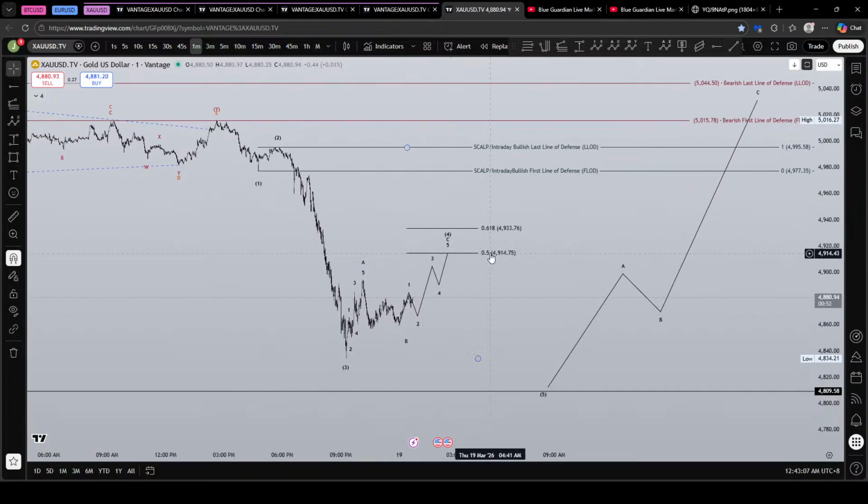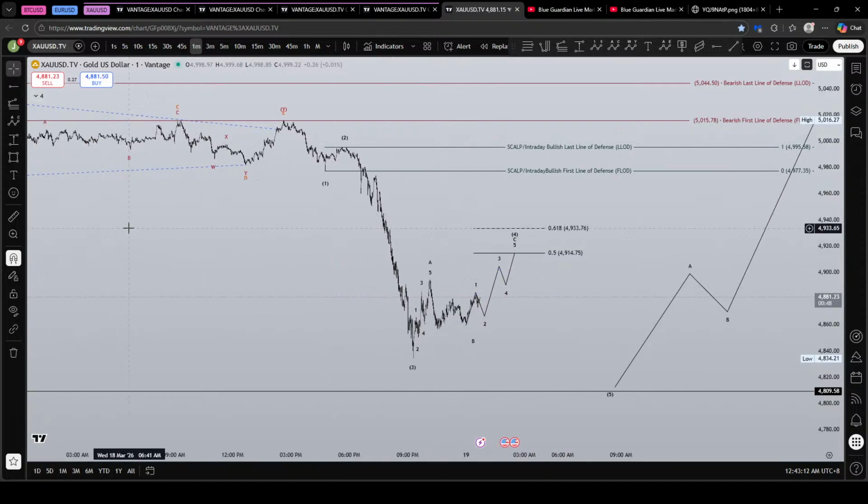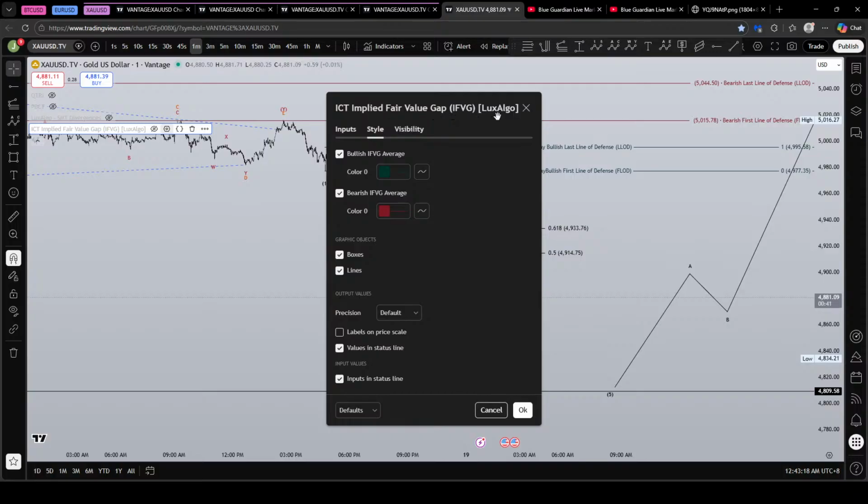If I were to refine my entry here for a possible wave 4, I would like to find an implied fair value gap. Allow me to use the implied fair value gap by Lux Algo.